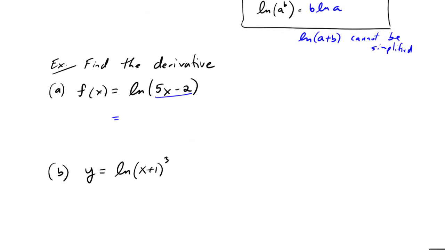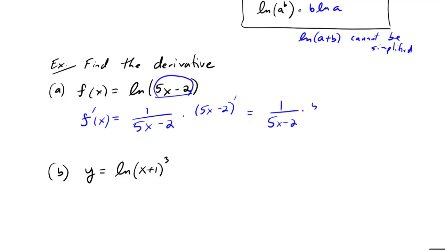So what I'd have here is 1 over 5x minus 2 times, and then I go inside and take the derivative of 5x minus 2. In other words, 1 over 5x minus 2 times 5, or really 5 over 5x minus 2. And there is my derivative.